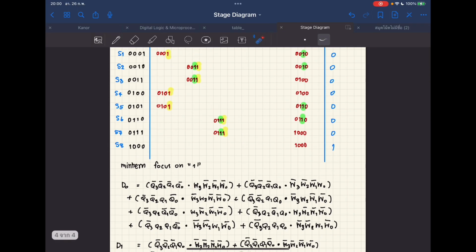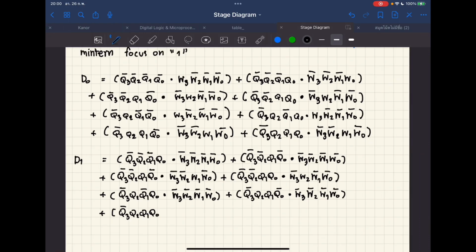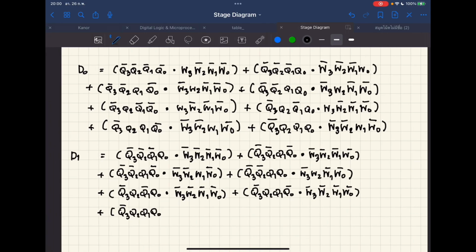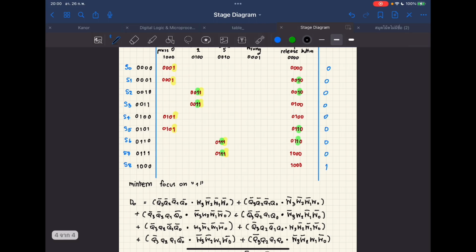And the next one is this one, stage 6, and we press 5.